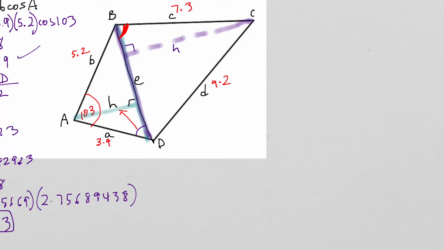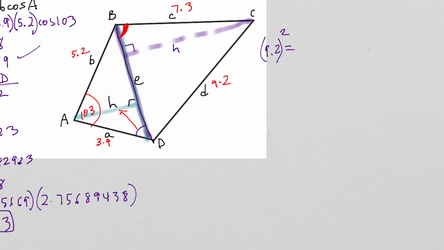remember we're dealing with a lettering system that doesn't match up with the way our laws are written. So if I want to find this angle here, that's going to be my angle way on the end, on the right end, and this side opposite is what I'm going to start with, 9.2 squared on the left side.